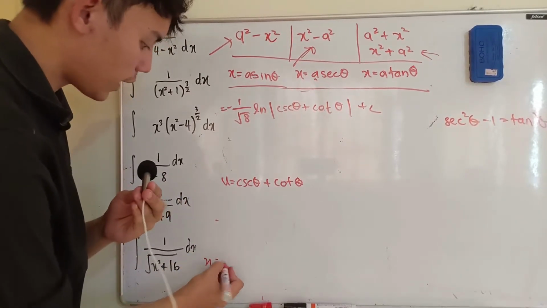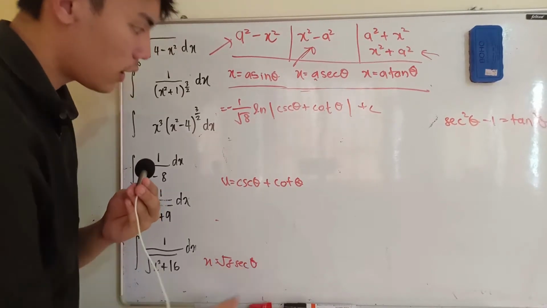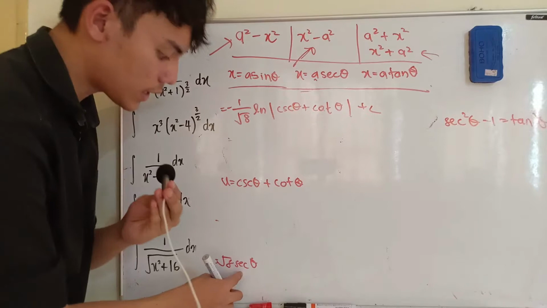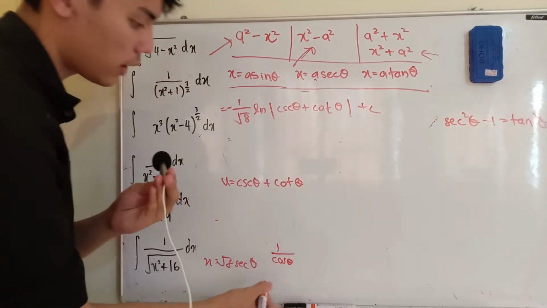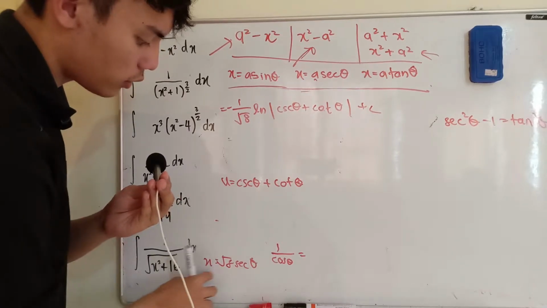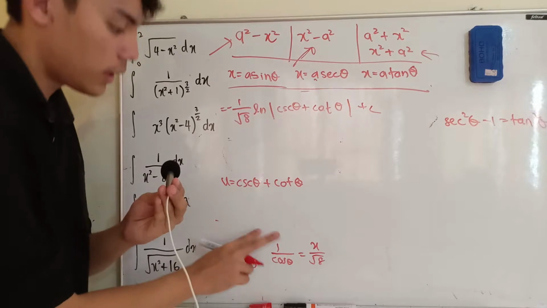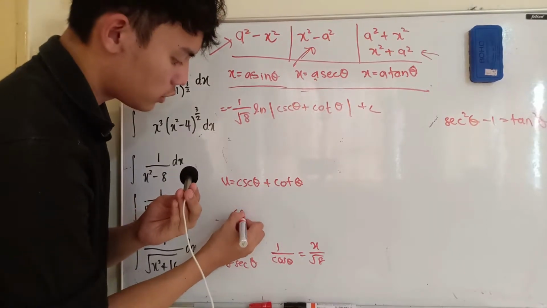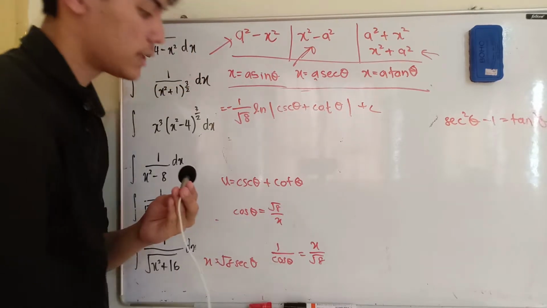So I let my x equal to 8 secant theta. Secant theta is actually 1 over cos theta. So I bring this 8 to the other side, 1 over 8, and then invert it, so cos theta equals 8 over x.